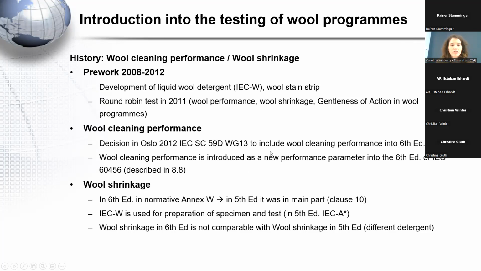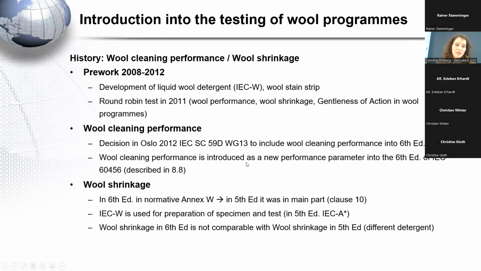For wool shrinkage, it is a bit different. So there was already a description of a wool shrinkage measurement in the 5th edition. So in the 5th edition, it was in class 10, so in the main part of the standard.